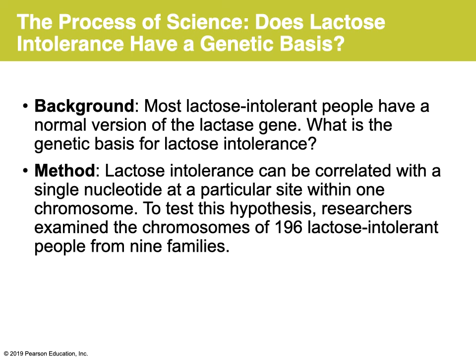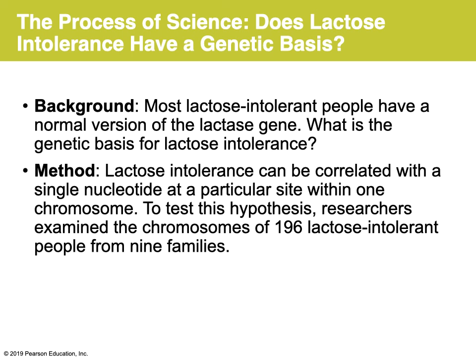Well, people want to study populations to see what the chromosomes are like in lactose intolerant versus lactose tolerant people. Now, they know that lactose intolerance can be correlated with a single nucleotide at a particular spot within one chromosome. And to test this hypothesis about this one nucleotide, researchers examined the chromosomes of 196 lactose-intolerant people from 9 families, right?